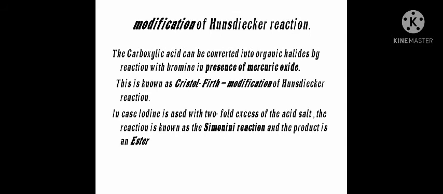This reaction is known as the Simonini reaction, and the product is an ester. In the Hunsdiecker reaction they use bromine as the halogen; here they use iodine, but the product differs. The Hunsdiecker reaction product is an alkyl halide, while here an ester is the major product in the Simonini reaction.